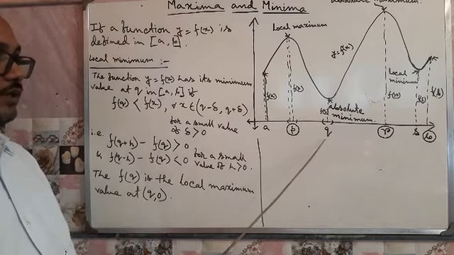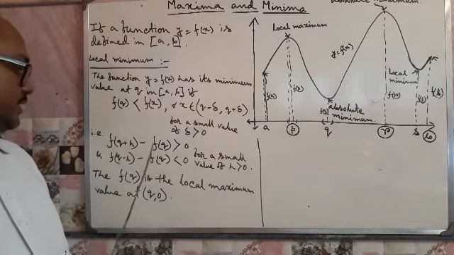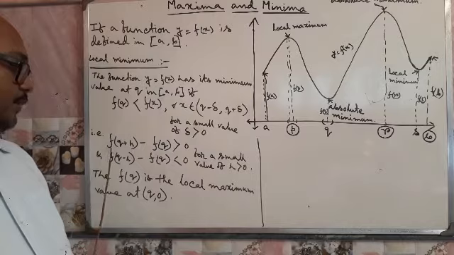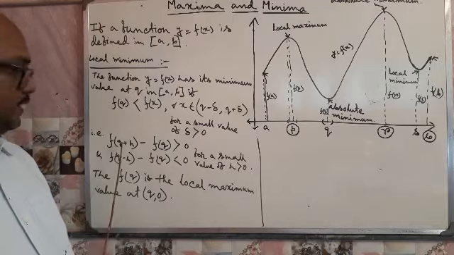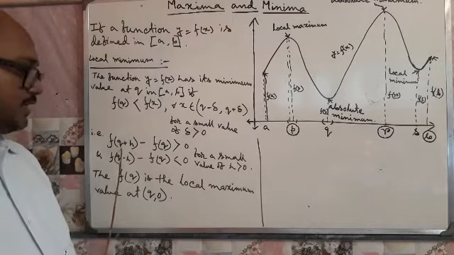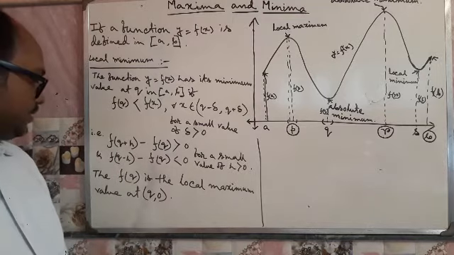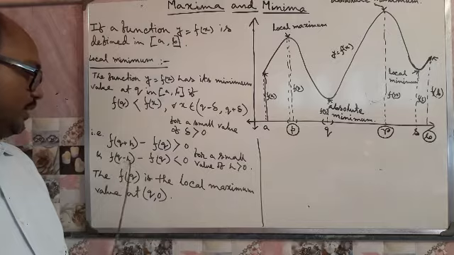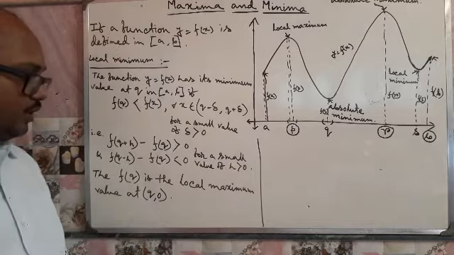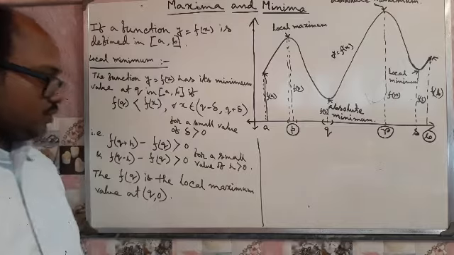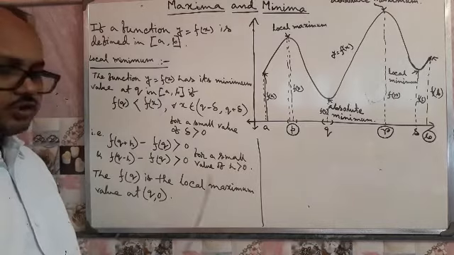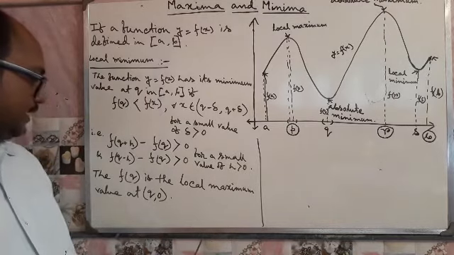As f of q is the smallest, f of q plus h minus f of q is greater than 0. A large value minus a small value is greater than 0. Similarly, f of q minus h minus f of q is also greater than 0, where h is a small value which is greater than 0.